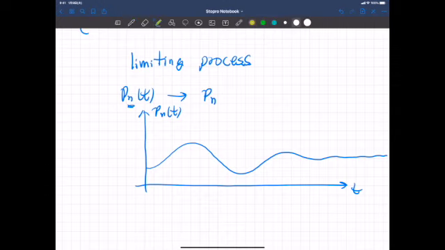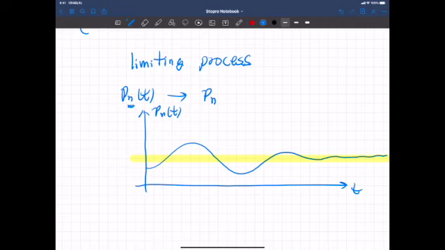This is not always the case, and it is possible that it will oscillate forever, or it will diverge to infinite values or whatever.